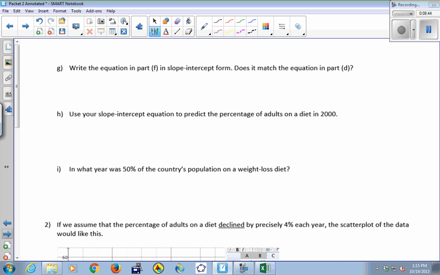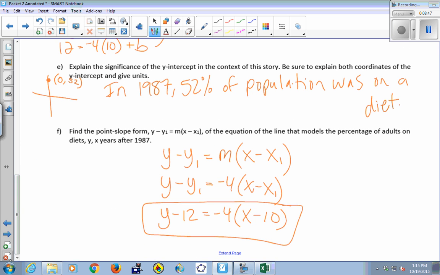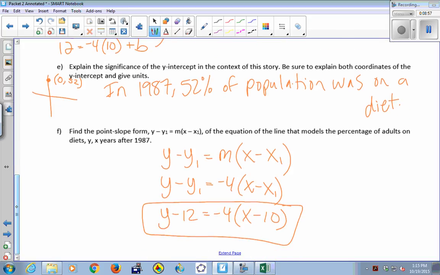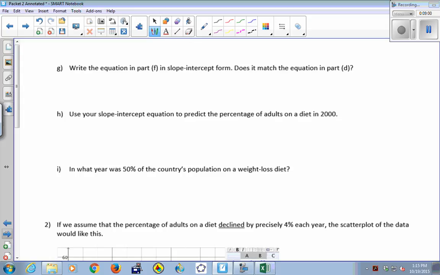All right, now I'm just going to simplify this guy that I just wrote. I'm going to simplify it a little bit and show you that's the same thing as y equals -4x plus 52. So I'm just going to recopy it on the next page here. y minus 12 is -4 times x minus 10. Okay, I'm going to distribute the -4. So I have y minus 12 is -4x plus 40, because -4 times -10 is positive 40.